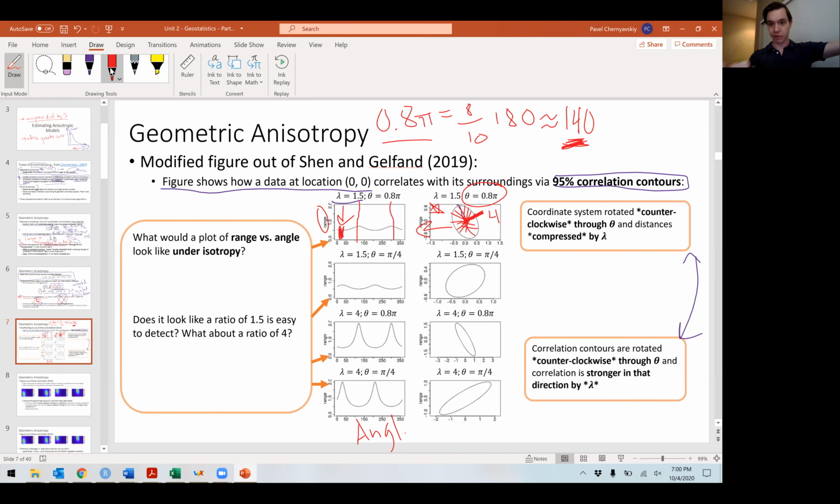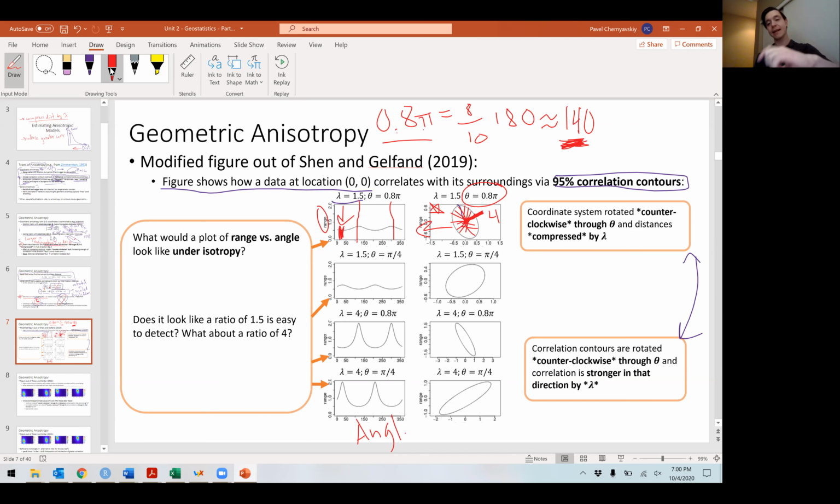So, let me repeat. Lambda is 1.5, which means that the range in the direction of greatest spatial correlation is 50% bigger than the range in the direction of weakest spatial correlation. The direction of greatest spatial correlation we found to be 0.8 pi, which is about 140 degrees. This means necessarily that the direction of weakest spatial correlation is perpendicular to that, or about 40 degrees.